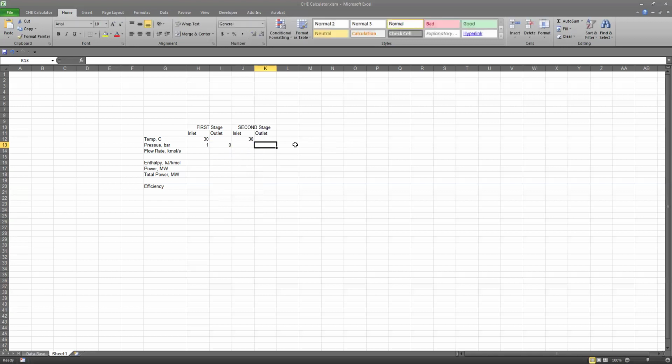And we know that the final pressure is 10 bar. The flow rate is 8,000 kilomoles per hour, so I will divide by 3,600 to make it kilomoles per second.